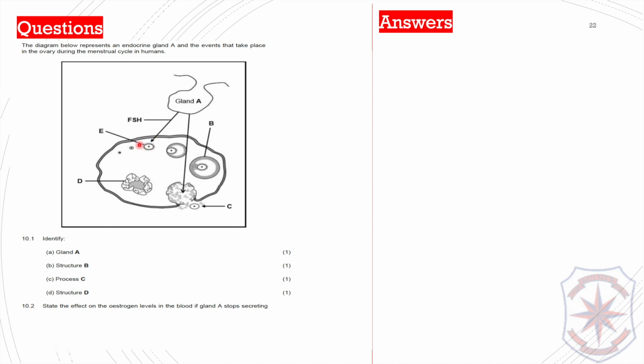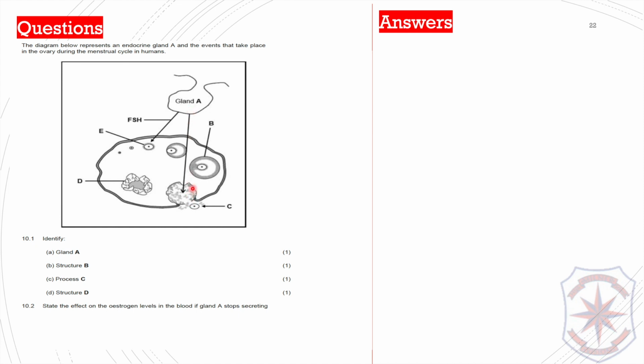And what is structure E? Structure E is, we see that it is growing, whatever it is. It was smaller, then it was bigger, then it will become bigger, and then it will rupture. What is that? That would be the follicle. Okay? And then the second hormone related to the menstrual cycle that gland A produces causes this.